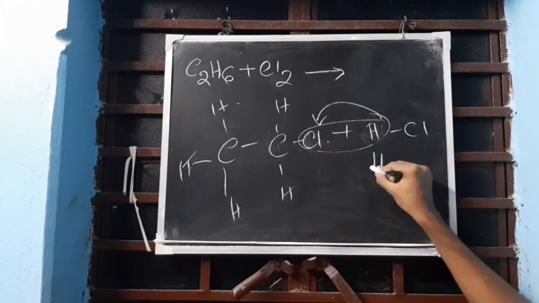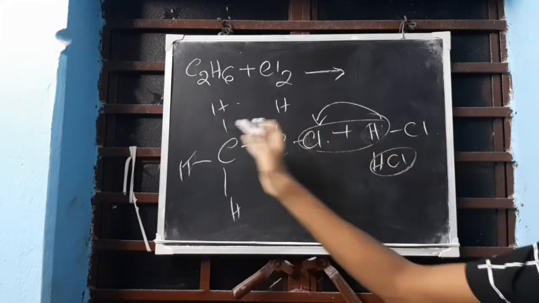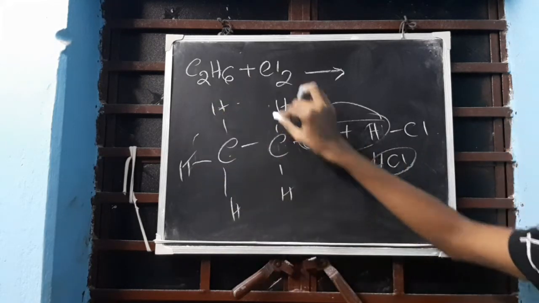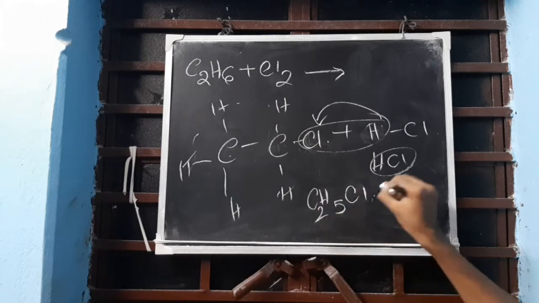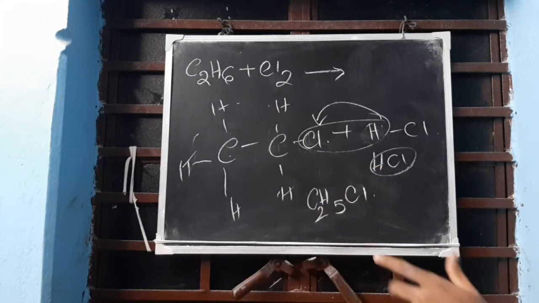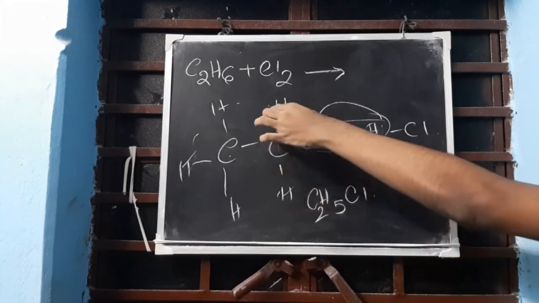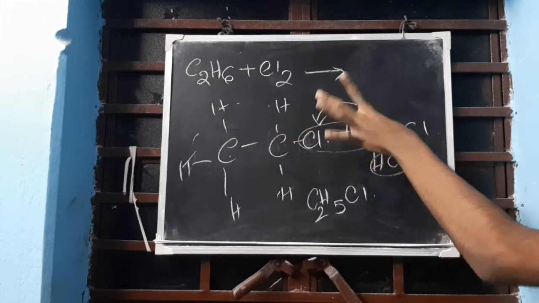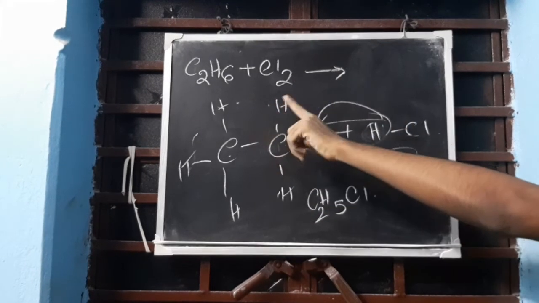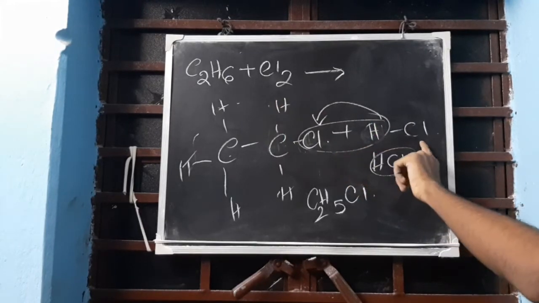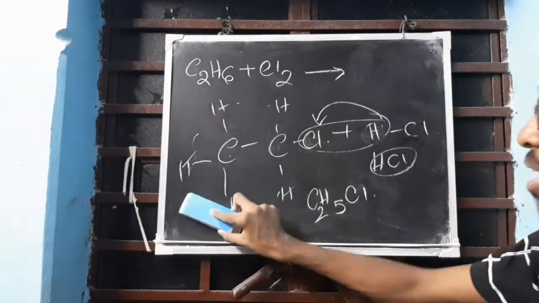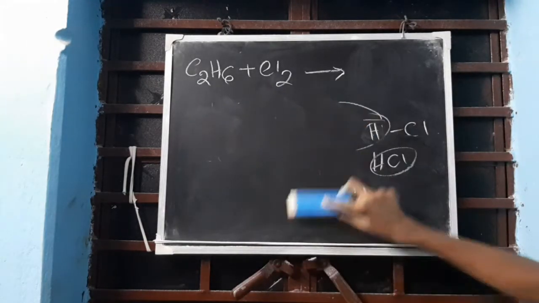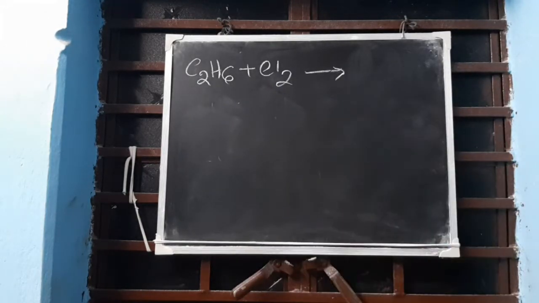What does it form? HCl. That gets out. What is this forming? C2H5Cl. First step. After this step, chlorine is already here. This hydrogen will now be replaced by another chlorine. Another hydrogen chloride is there. Like this the reaction will proceed. Clear? Understood? So all these hydrogens will gradually get occupied by chlorine.